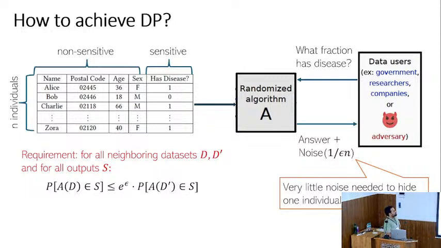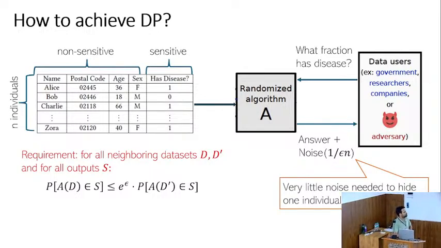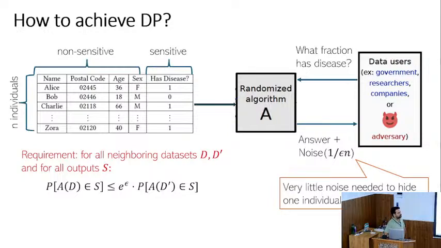But what is this scaling? Do we need this amount of scaling, 1 by epsilon times n, or can we add noise which is specific to the query? If the query is different from this query, the noise could be different. So the algorithm will add noise to the answer based on what query it was asked. It doesn't make sense for every query to get the same noise.